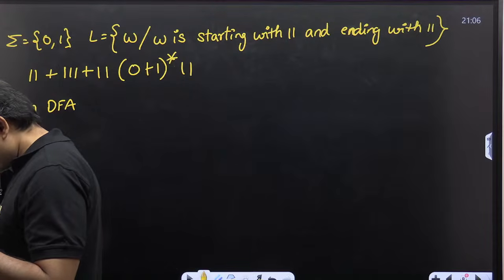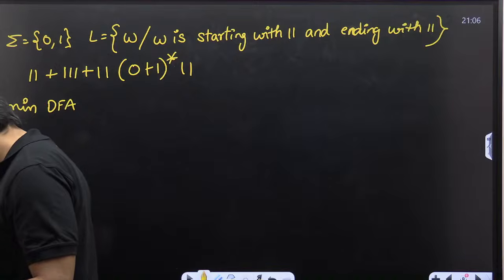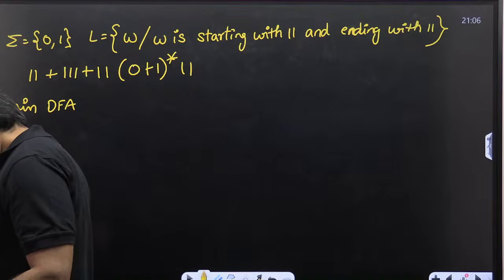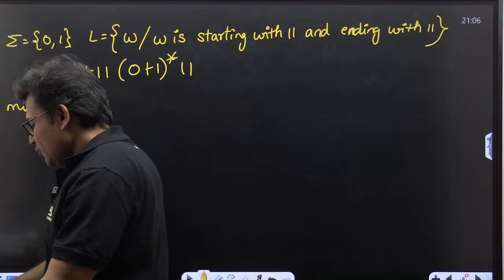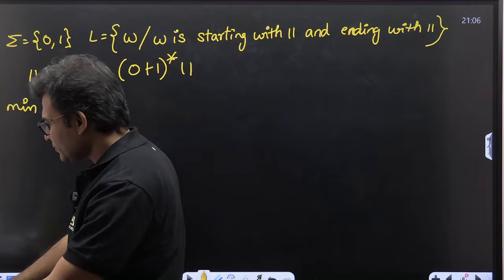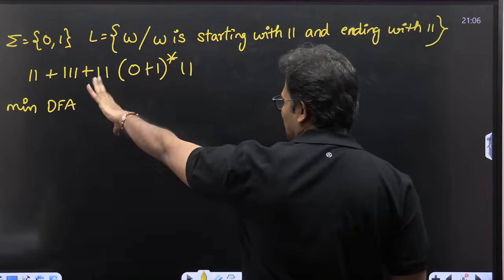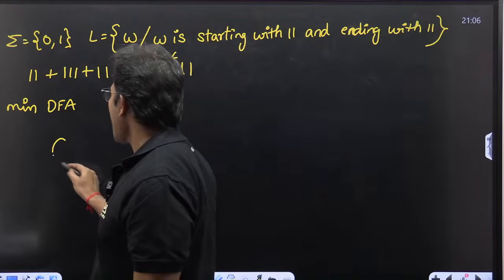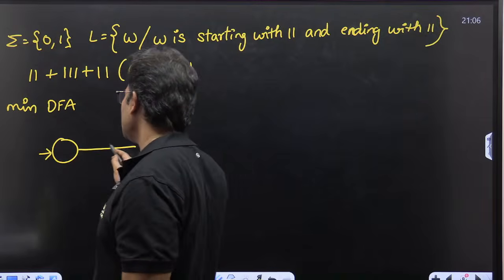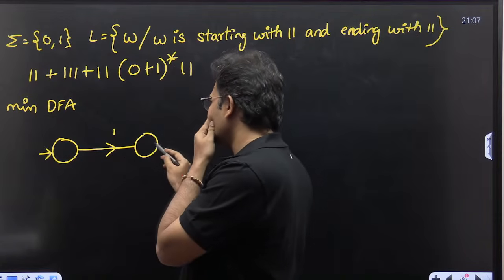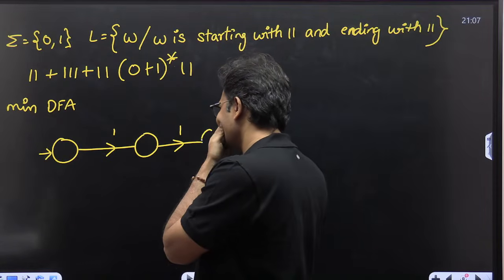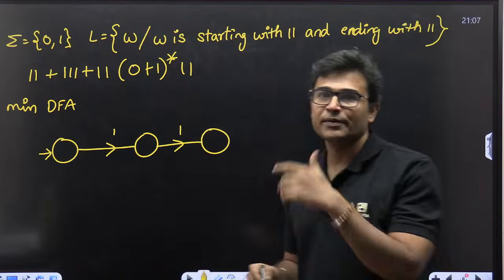Okay. So Richie is saying she's right. I will tell you what mistake you have done here, guys. See, you know that 11 has to be accepted. Cool. I will accept 11. Minimum string is 11. I'm trying to do the minimal DFA.